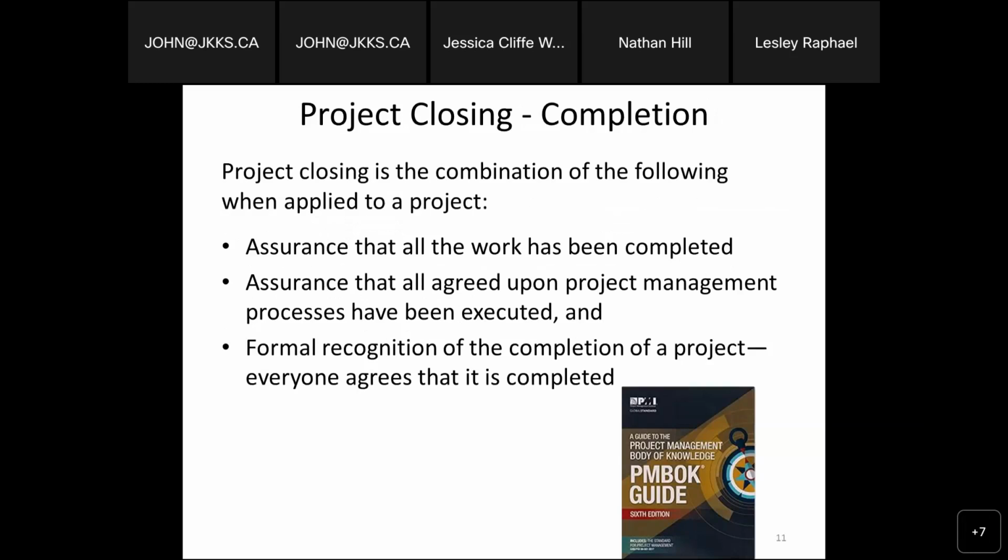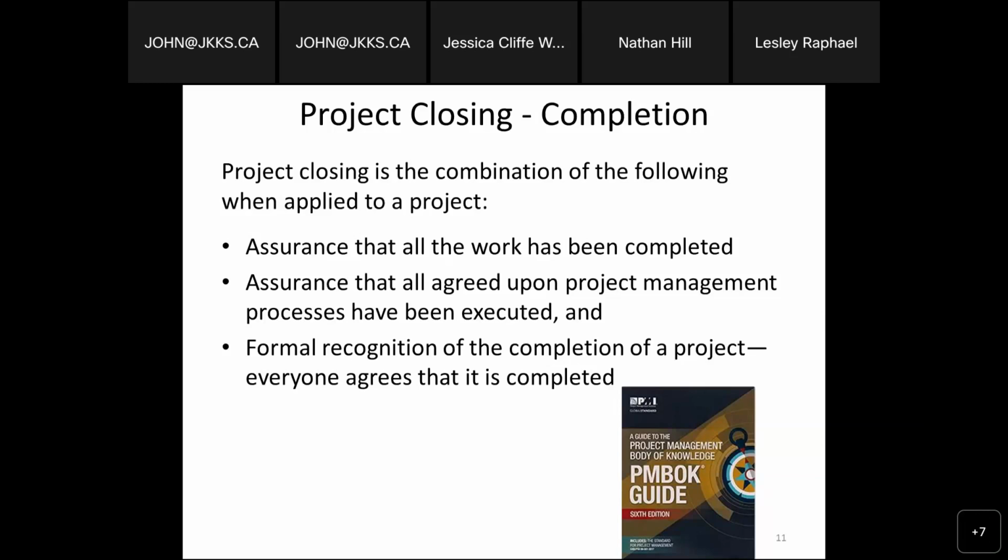According to A Guide to the Project Management Body of Knowledge, also referred to as the PMBOK Guide, the project closing process group consists of those processes performed to conclude all the activities across all the project management process groups. I'm talking about it from the project management point of view, but project management is part of everyone's task in a way, be it the owner, the contractor, the architect, or the engineer.